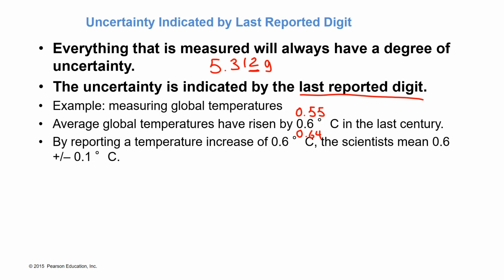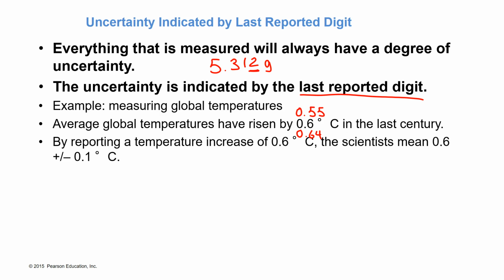So by reporting the temperature increase of 0.6, the scientists mean that that 0.6 is plus or minus 0.1 degrees Celsius, that it can go up or down. During election times, they report the polls, and they'll always say a degree of error of plus or minus 3 or something like that.